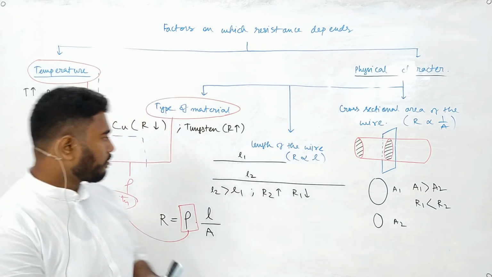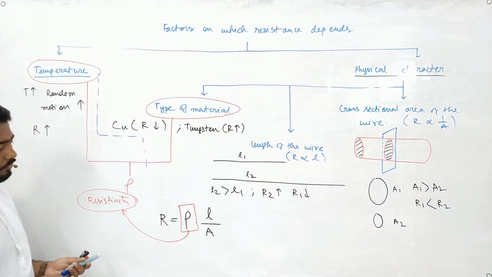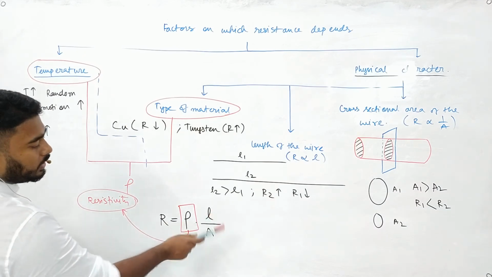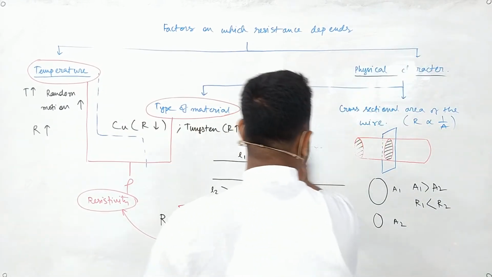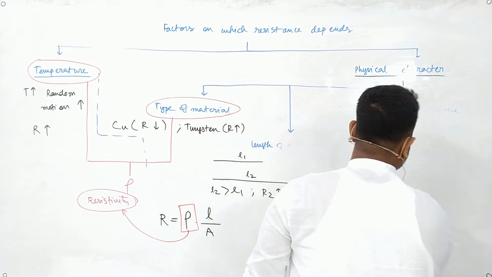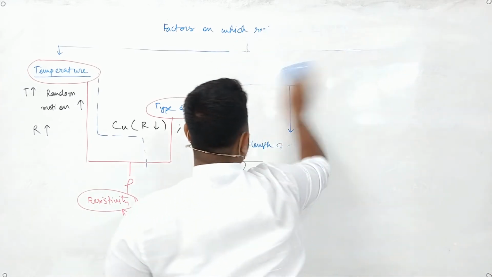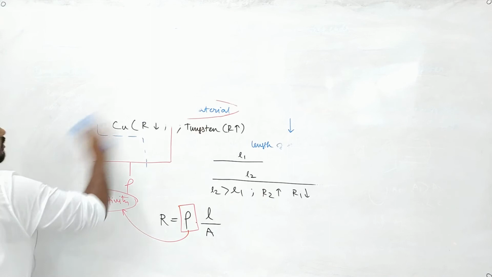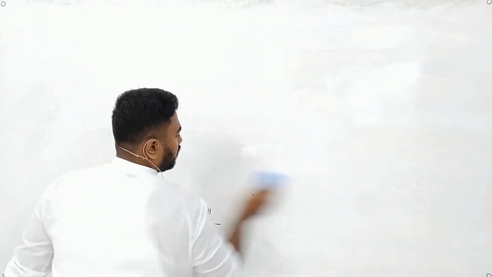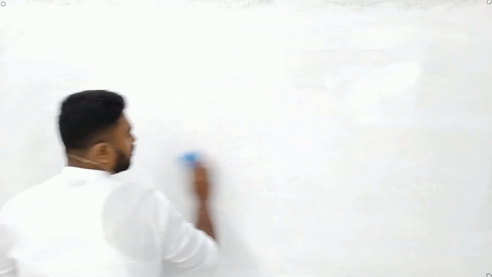Anyone? Okay. Now from this formula R equals rho L by A, we need to proceed into some numericals. First we will do the units, then we will go into the numericals.